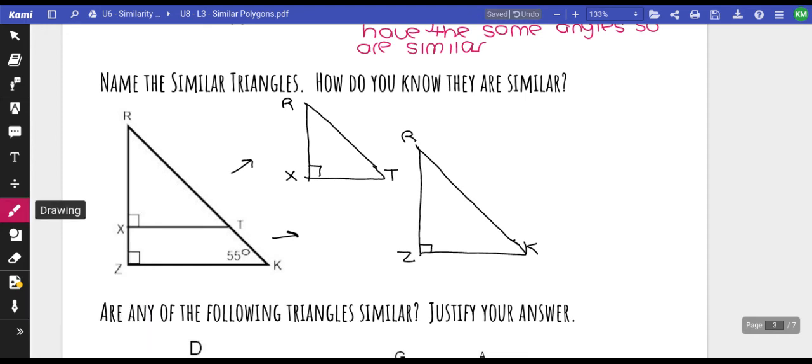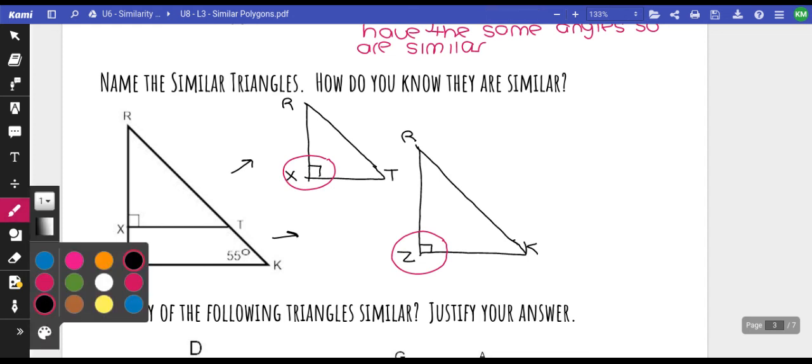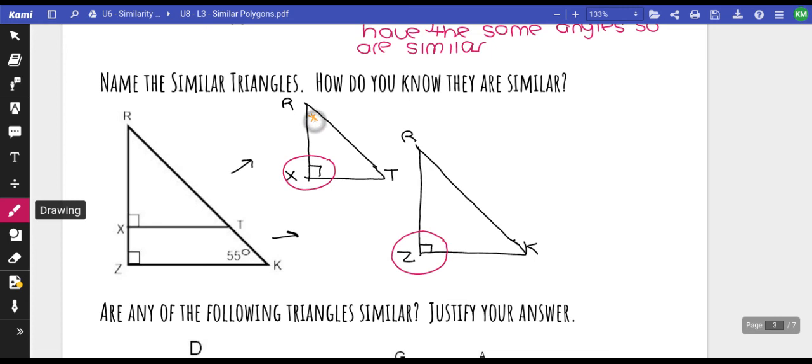Good. So if I look, would you agree they both have a right angle right there? Do they have another angle that's in common? Yeah. They both have the same angle R. Now, in a triangle, if 2 of the angles are the same, they have to add to 180.